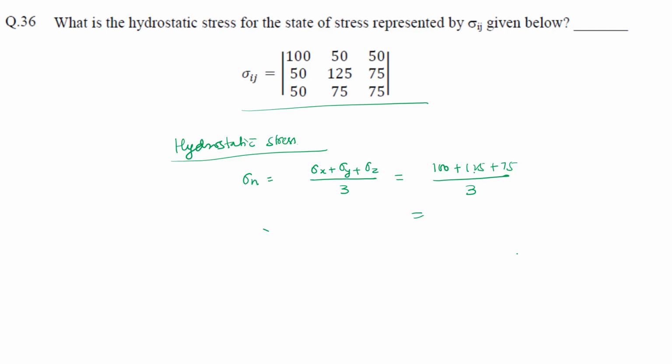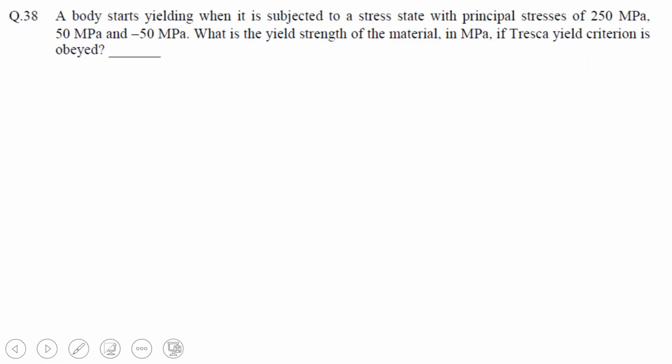So it will be 100, 225, then 75, 300 by 3. It is 100. The unit is not given, so it will be 100 only. The answer will be 100. Okay, now let us move.